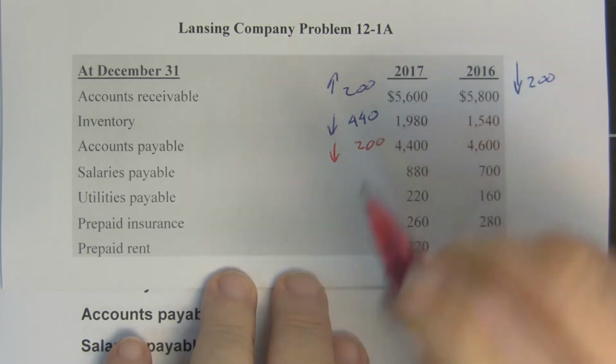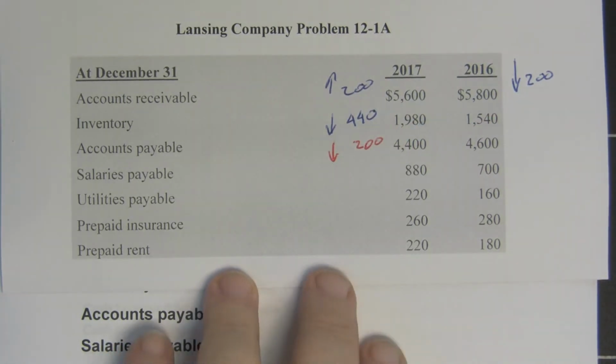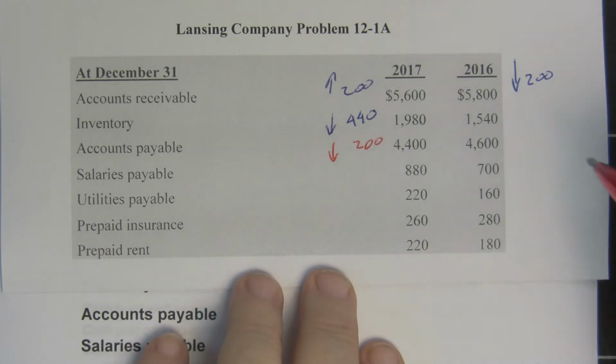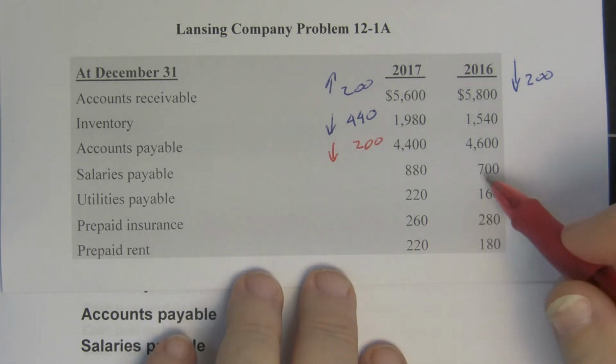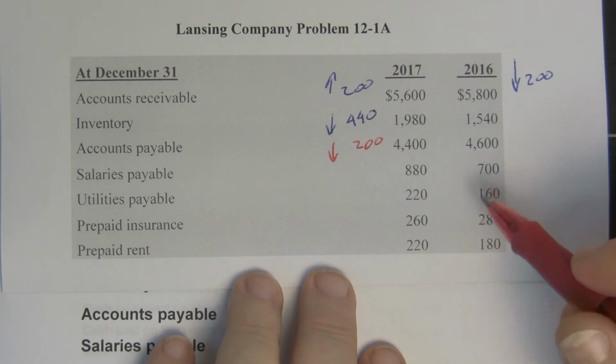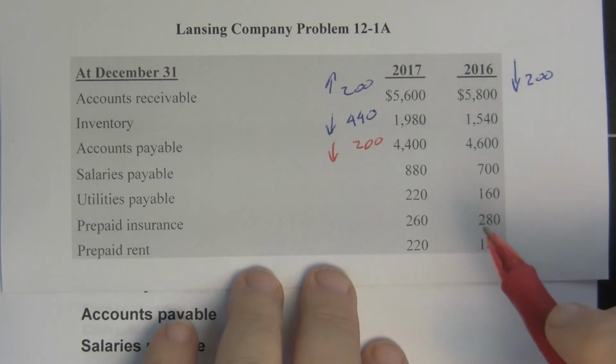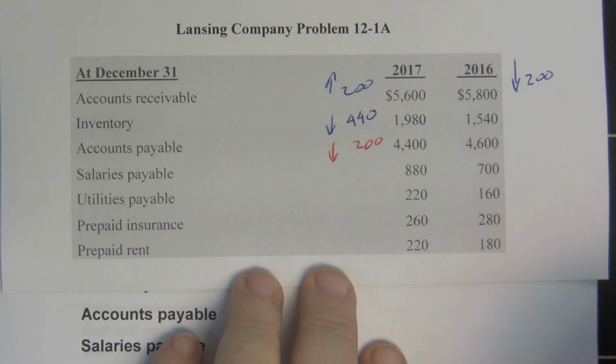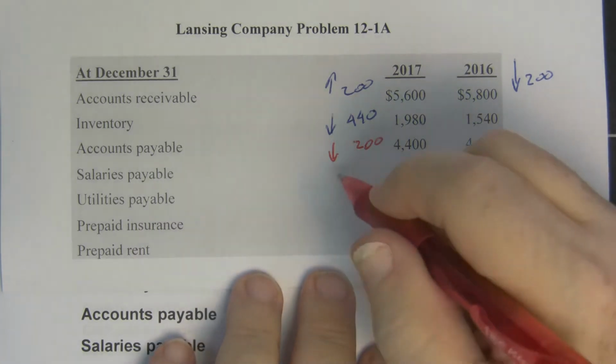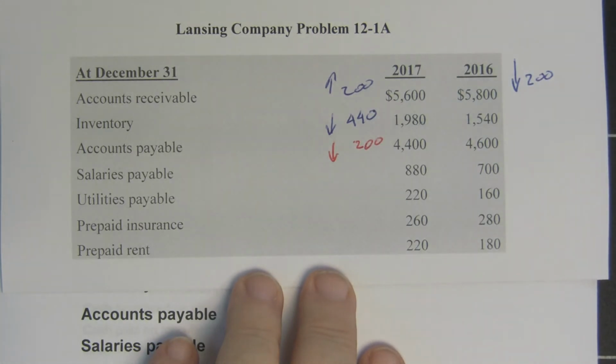In this case, $200. Salaries payable. We took the salary expense, but we didn't pay it. So our salaries payable went up by $180. Therefore, our cash, the amount we didn't spend, had to go up by $180.